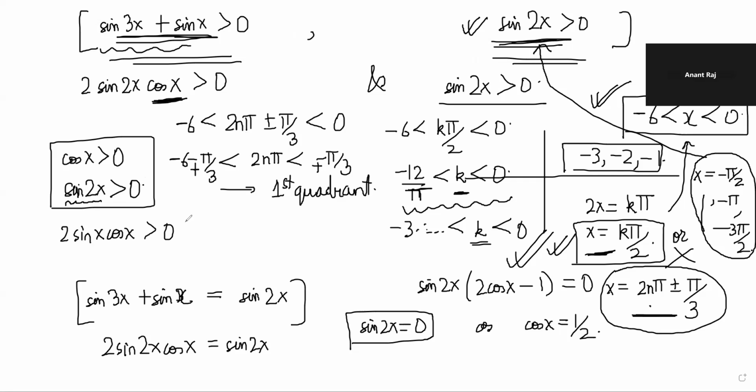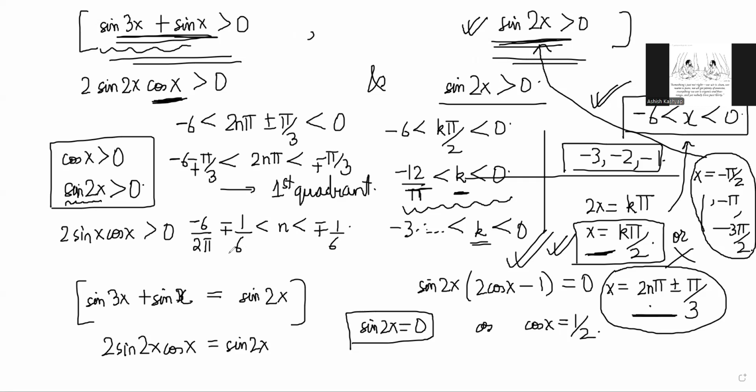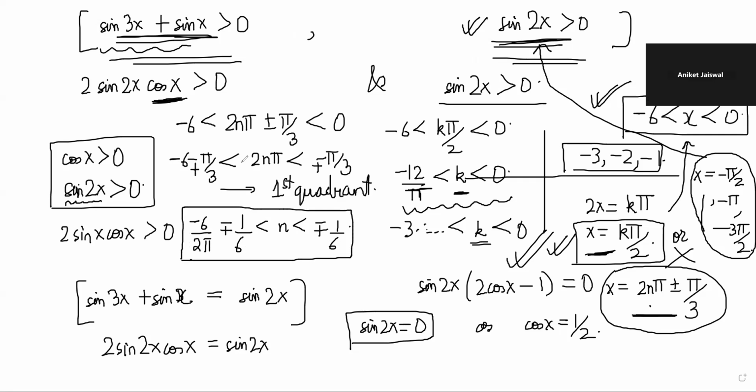So you are getting minus 6 by 2 pi minus plus pi by 3 by 2 pi. So it will become 1 by 6 less than n less than minus plus 1 by 6. Is everyone following what I'm saying right now? I'm just solving for n because I need the range of the integer n, right?